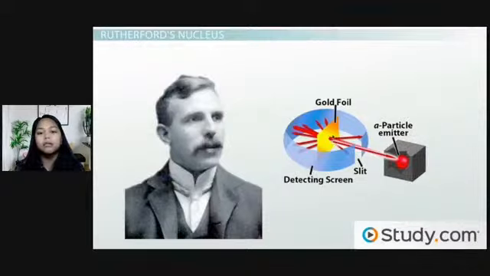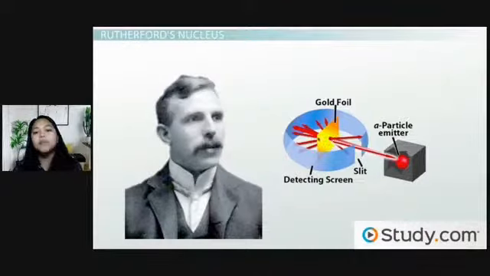Meron lamang center siya na positive. Sabi niya, positively charged din yung center. Bakit na nalaman na positively charged? Dahil merong alpha particles na bumalik. You remember in chemistry, no, your opposites would attract, while your particles with the same signs would deflect each other. Babalik siya, no?